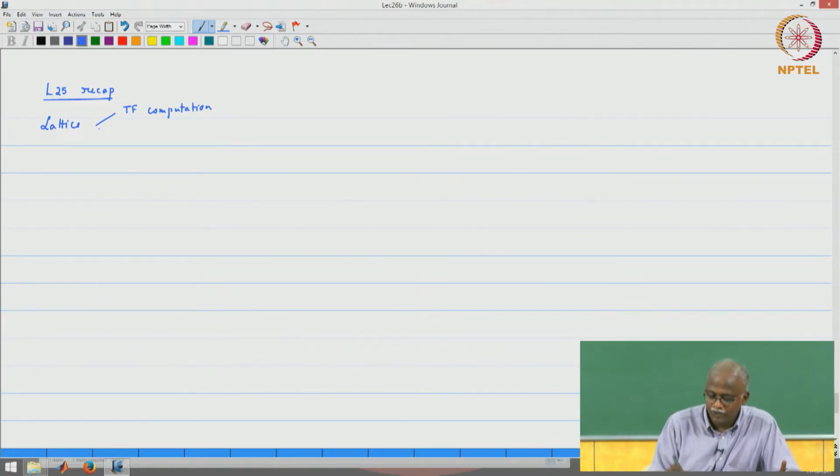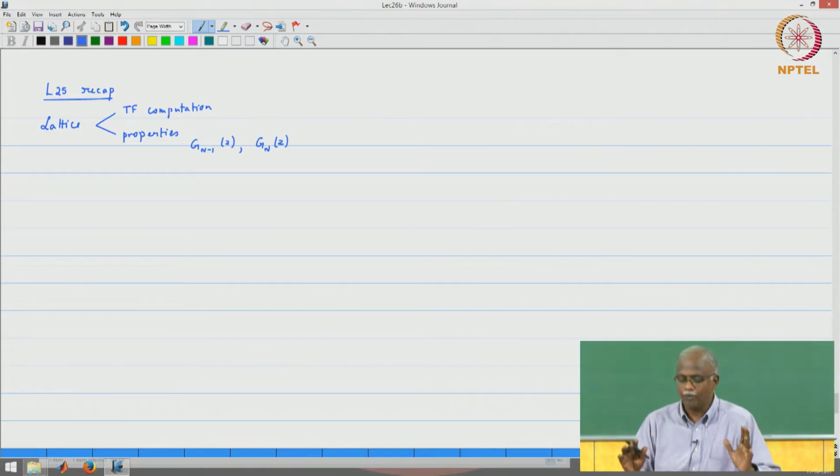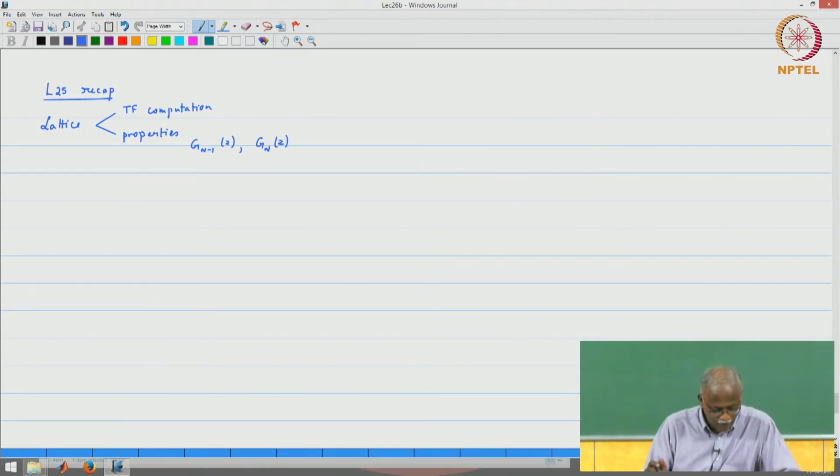Then, what are some of the properties, and how do they affect the lower order transfer function G_{n-1}(z), and how do they carry forward to the higher order transfer function G_n(z)? So basically the lattice preserves some properties, and then how do we do that.